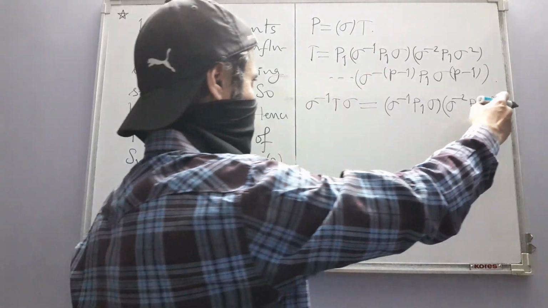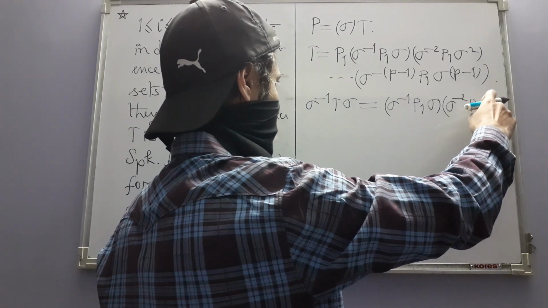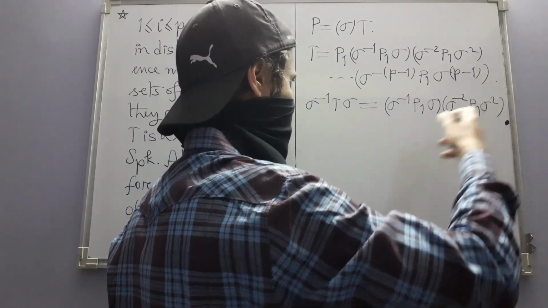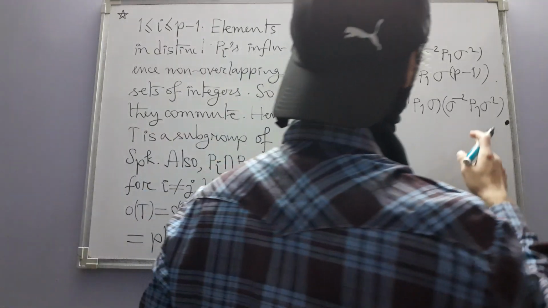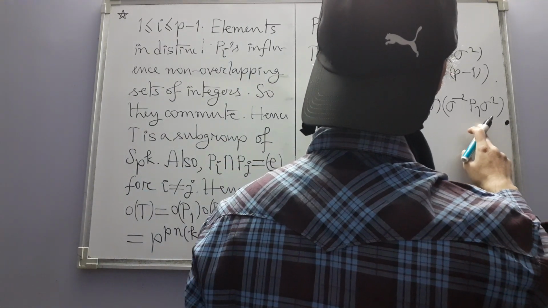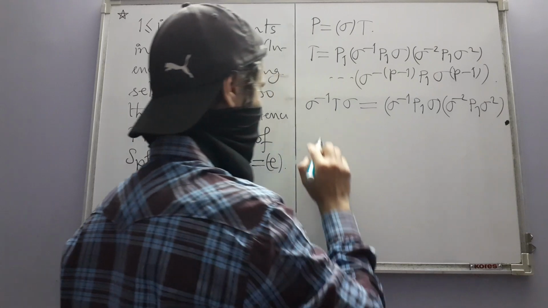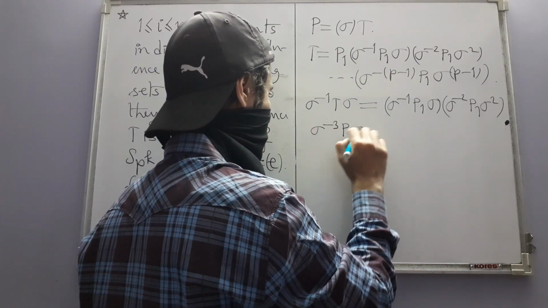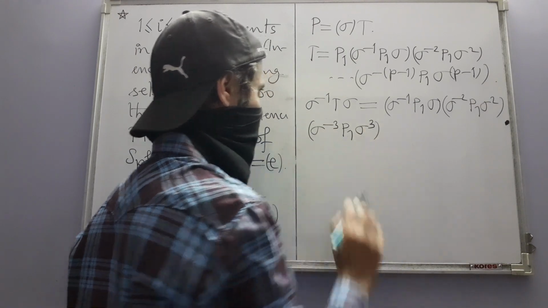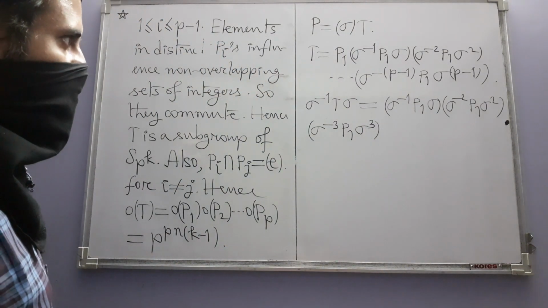Similarly, if you write another one, sigma square times the next sigma to the power minus 3, is it going to be minus 3? Let me write that and see. I need to myself be really clear.